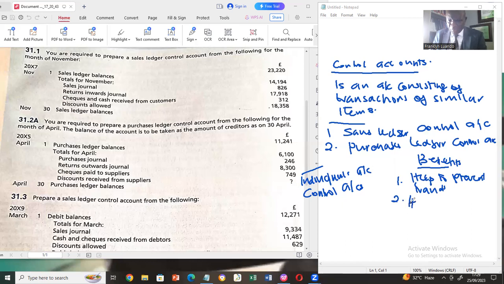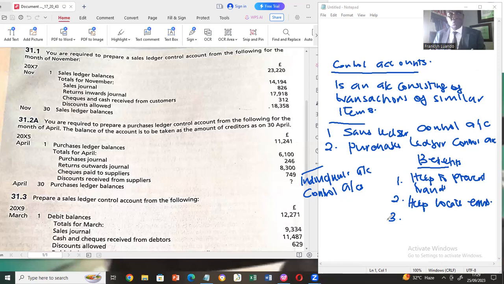Number three, control accounts provide instant figures for inclusion in the financial statements. For example, if you are looking for the total receivable figure, it will be found in the receivables control account for inclusion in the final accounts.